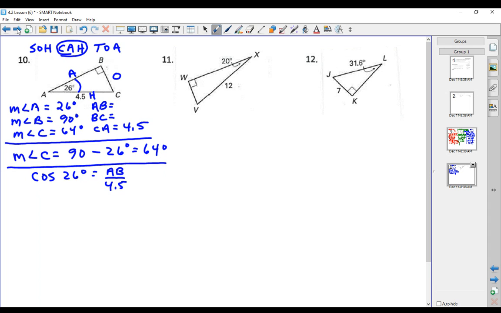In order to solve this, I want to multiply both sides by 4.5. And when I work that out, I end up getting 4.0 for side AB.